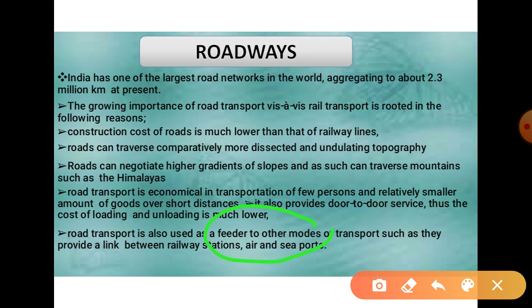Suppose we want to use water transport, so first of all we have to use the roads to reach the coastal area. So it means the road is a feeder to other modes of transportation, or they provide a link between railway stations, air and seaports, as I explained to you.